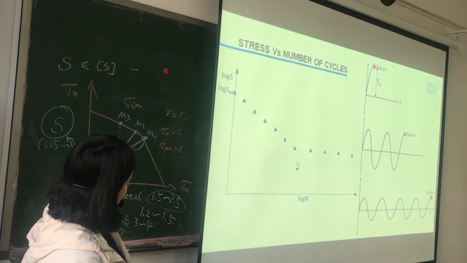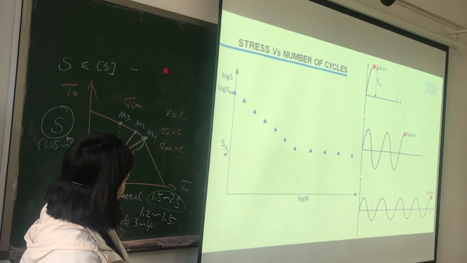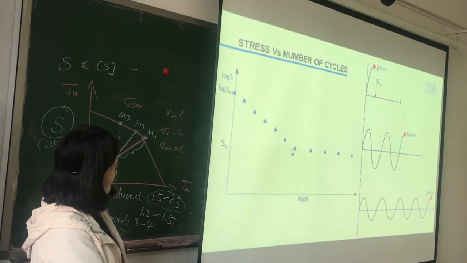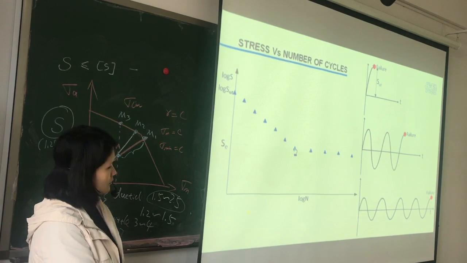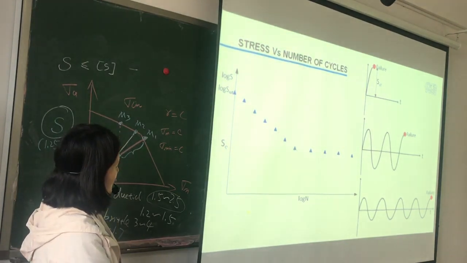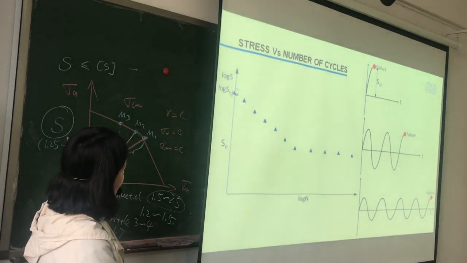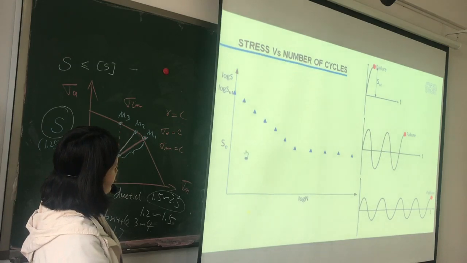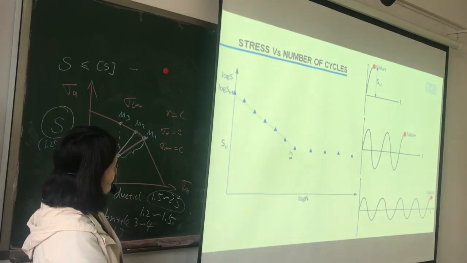This limit is known as the endurance limit. Below the endurance limit, it is safe to operate the material. Engineers always try to design components by keeping stress amplitude below the endurance limit. You can see that the endurance limit is way below the ultimate stress value. It is a good approximation to consider these two regions as linear.